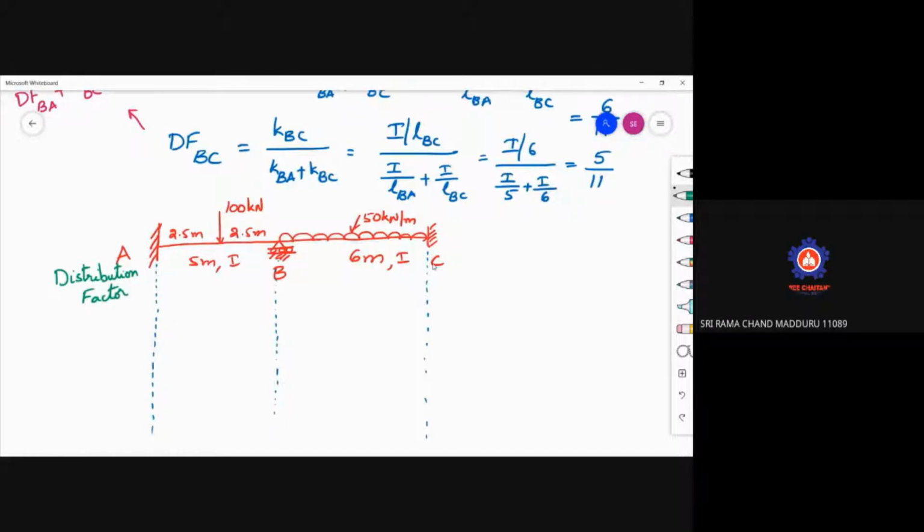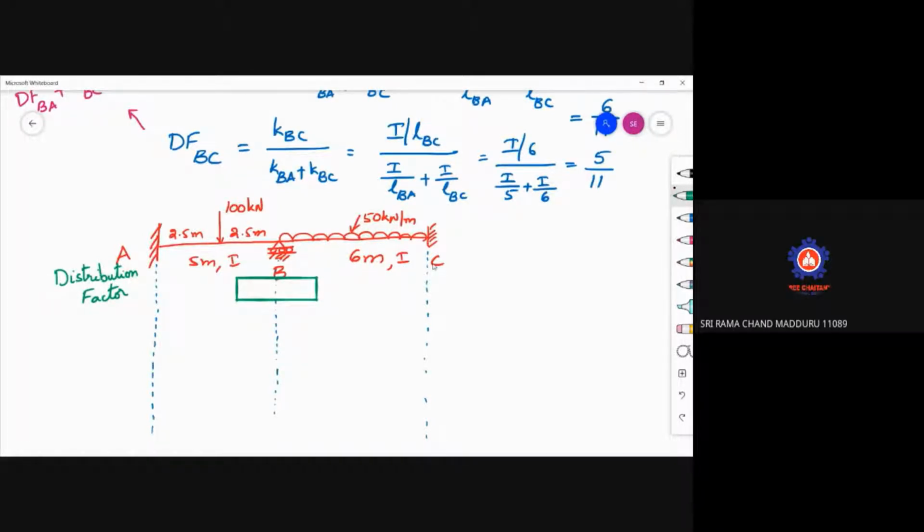So here this distribution factor will be written at the joint. When you are writing at the joint, I am just keeping a box here to enter the values of the distribution factor.